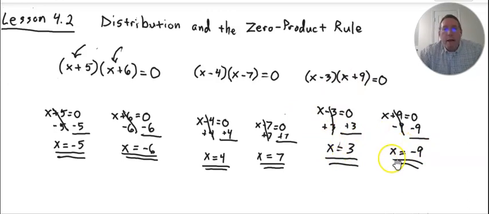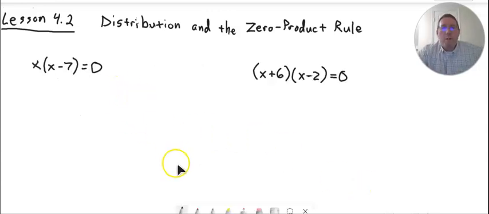Okay? All right, the last thing I want to do right now is show you what I want you to do on lesson sheet 4.2. For every question, I want you to do two things. I'm going to show you right now what those two things are. These are the two kinds of questions that you will see on lesson sheet 4.2.